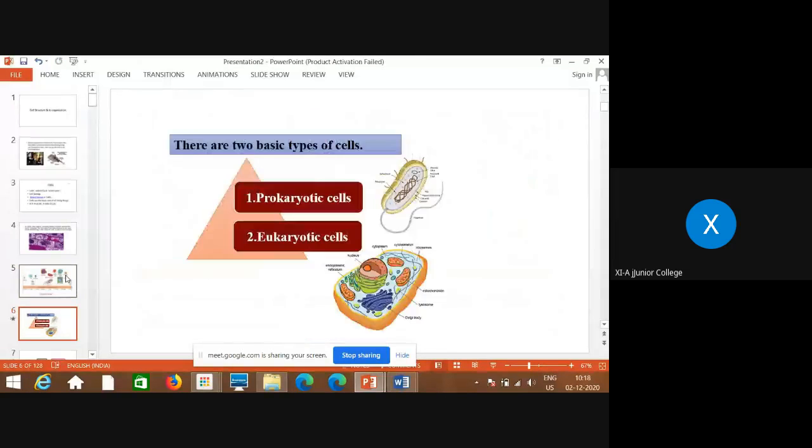Now everybody knows that there are basically two types of cells: prokaryotic cells and eukaryotic cells. You have learned it to some extent, but right now we will be learning it to a greater extent, in a more explanatory manner.